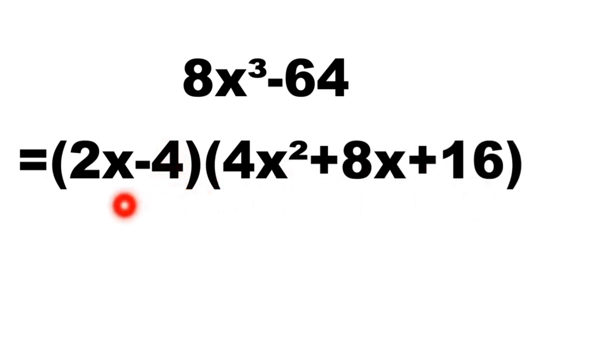So the factor of 8x cubed minus 64 is quantity 2x minus 4 times 4x squared plus 8x plus 16. This is minus, and this is plus and plus.